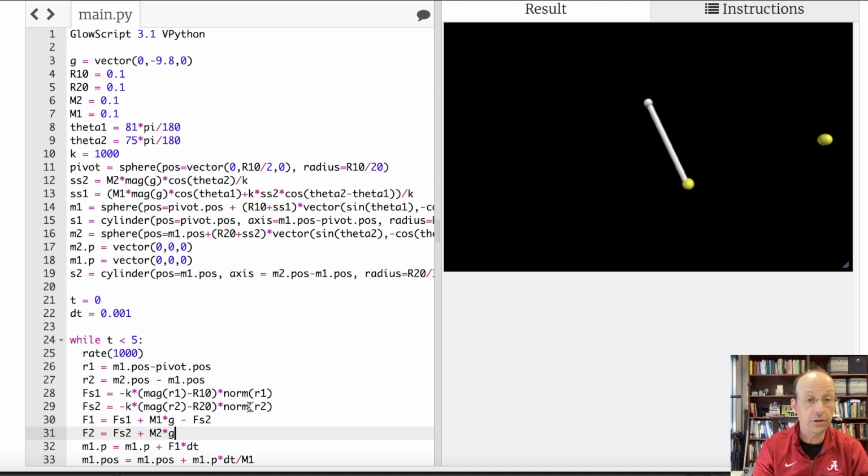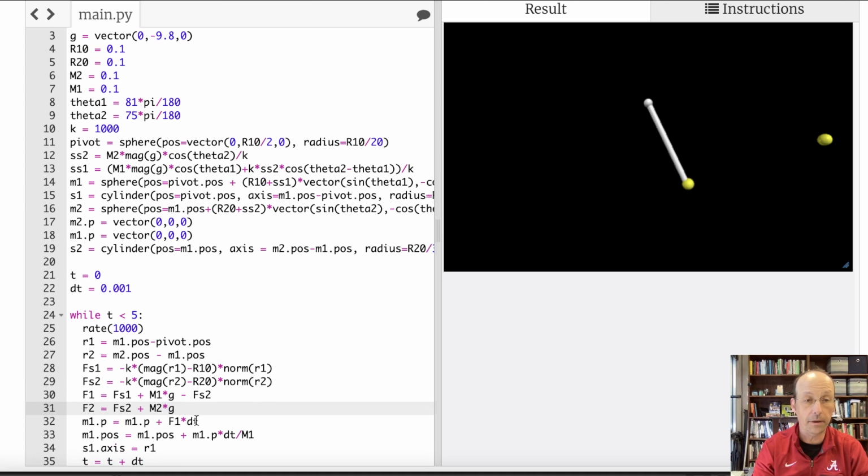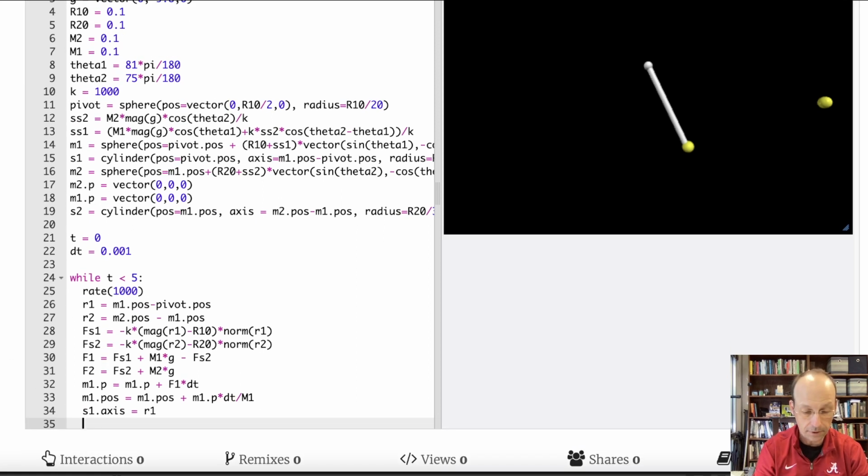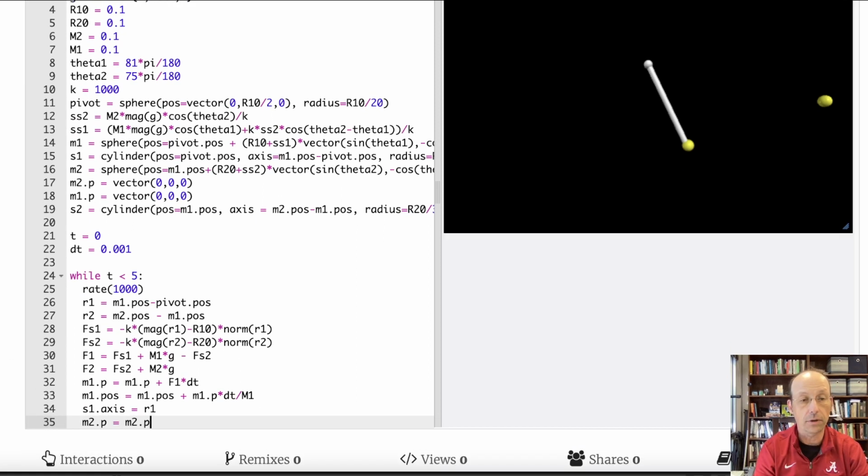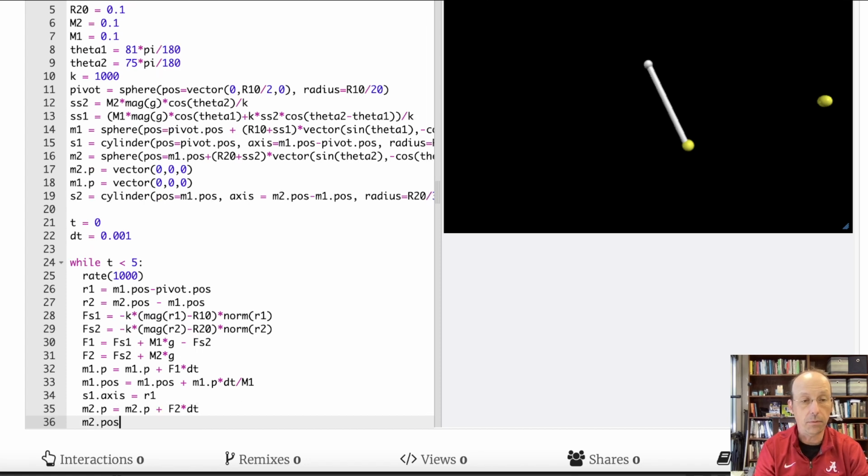Okay, so now I don't need to change this line updating mass 1 momentum. I don't need to change that one, don't need to change that. Let's do the same thing for mass 2. So M2.p equals M2.p plus F2 times dt. M2.pos equals M2.pos plus M2.p times dt divided by M2.